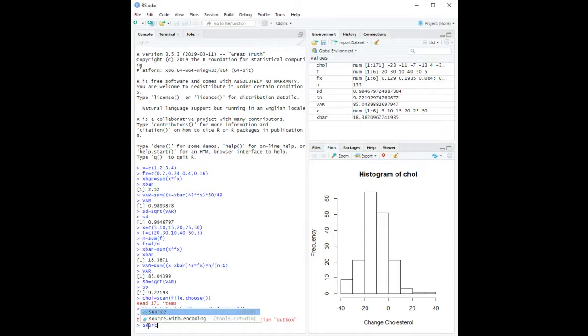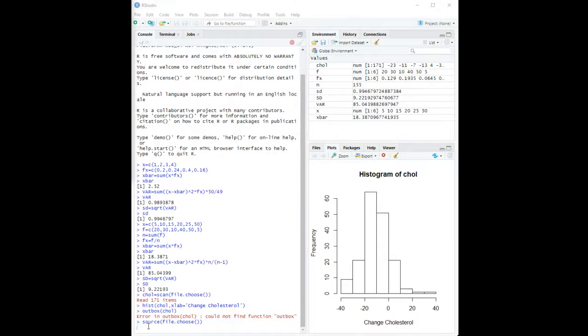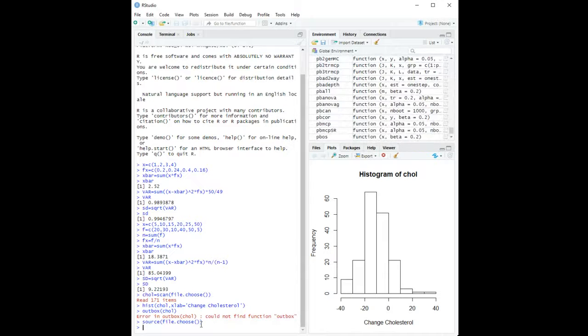So I'm just gonna go ahead and do that real quick. Source file.choose. Okay, and I'm going to just do that real quick. Okay. Should be able to do it now.